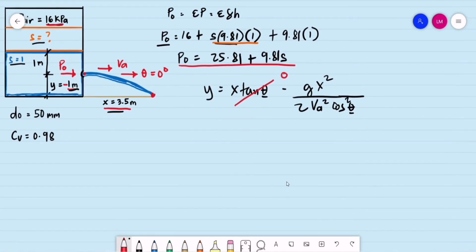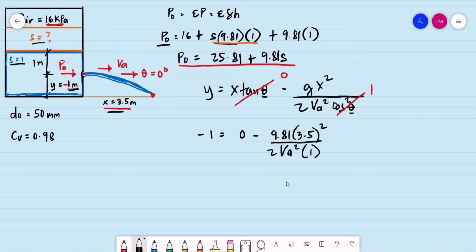Okay, mag-substitute na tayo para makuha yung value ng actual velocity. This is negative 1, yun yung value ng y, is equal to 0 minus 9.81 horizontal displacement, 3.5 squared. This is divided by twice the actual velocity squared. Ano pala ang equivalent ng cosine 0? Ang cosine 0 ay 1. So, parang 1 na lang yung nandito.